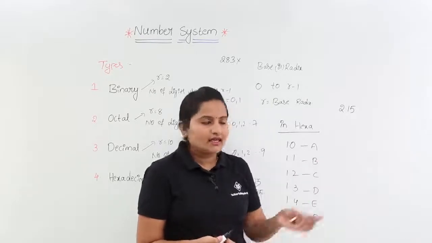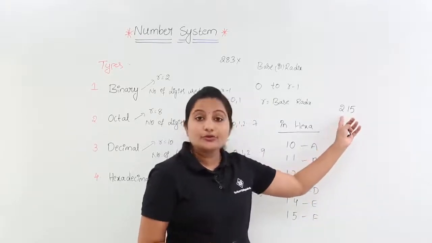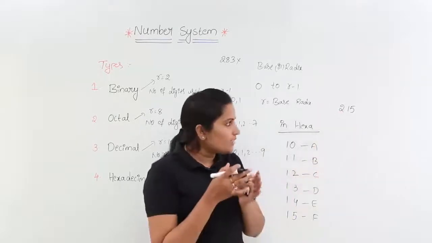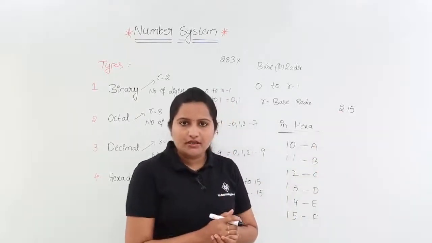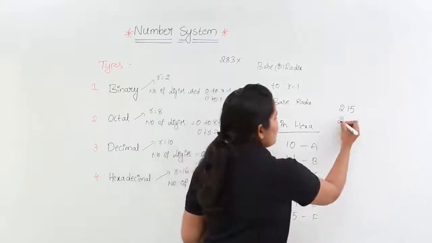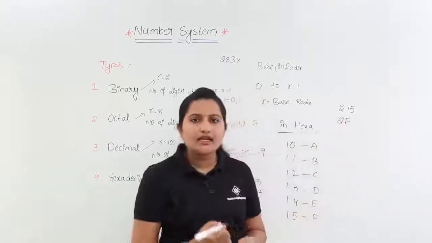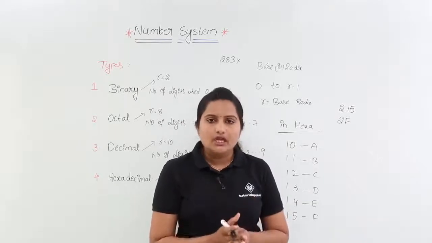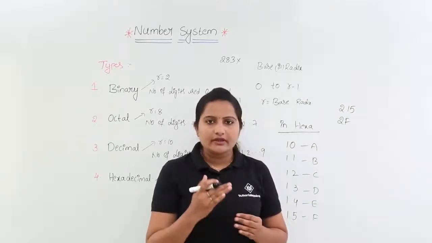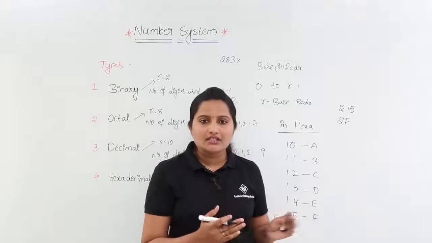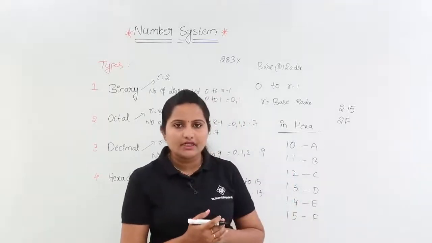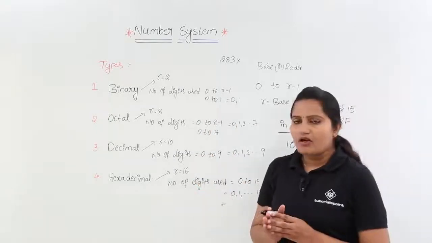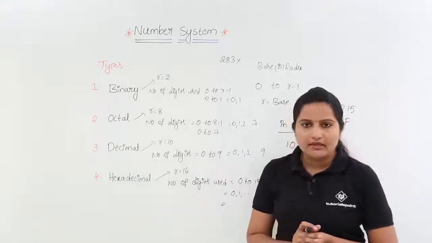You can mistakenly understand it as 215, a decimal number. To remove this confusion, if you send 2F, then you can definitely understand this is a 2-digit hexadecimal number. So to remove the confusion between the digits, we have this coding in the hexadecimal number system. So that is all about the binary, octal, decimal and hexadecimal number systems.